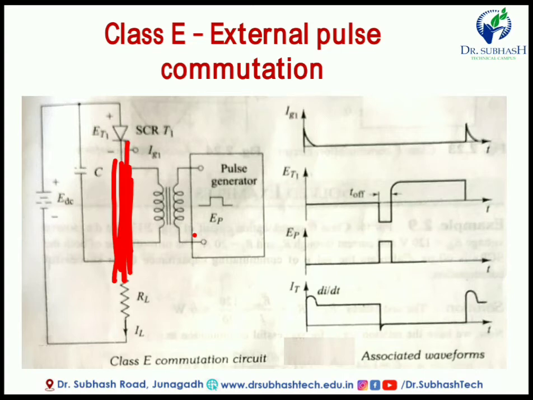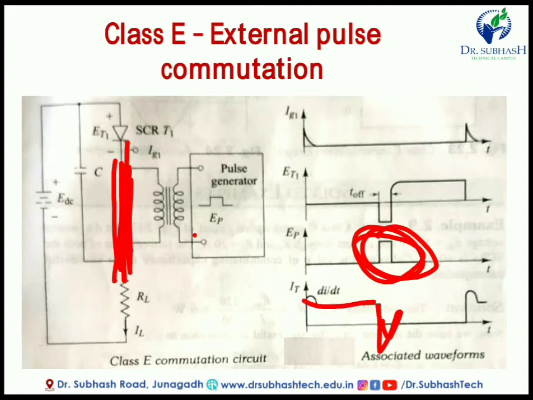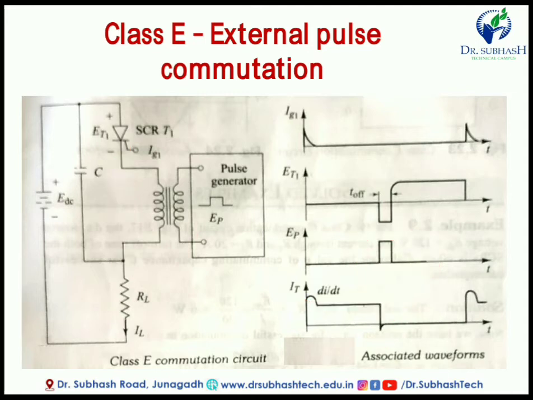In the figure we can see that whenever we give some pulse, our current becomes lower than this line, suppose the di by dt rating. Whenever we give the pulse, then at this point our current will reduce and become lower than the holding current.